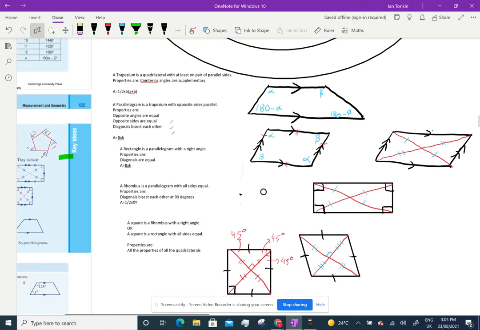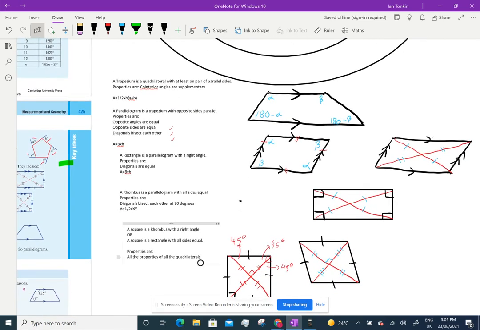And a square, well, the area of a square, area equals any of the above formulas. You can use any of those formulas. You can use base times height, half times the diagonals, half the height times a plus b. You can use any of them because a square is all of those shapes.